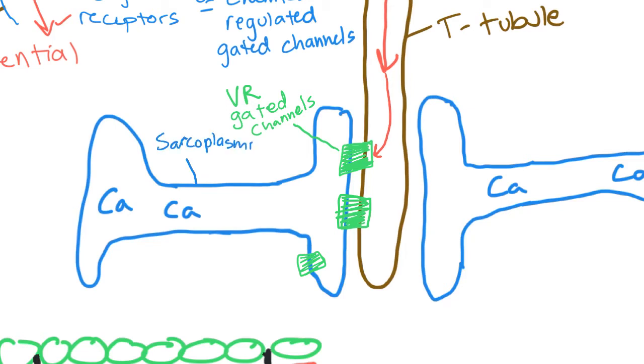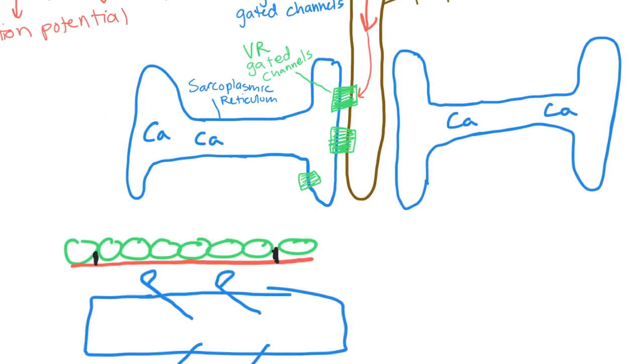Sarcoplasmic reticulum. Right? And what is this structure then that we learned last time? The triad, right? Which is made of one T-tubule and two terminal cisterns.